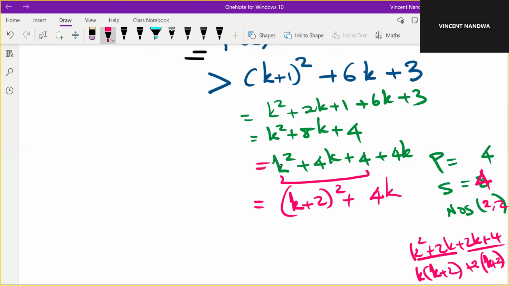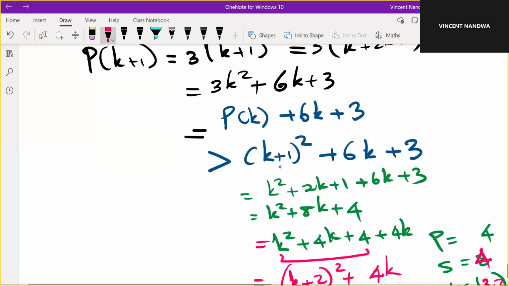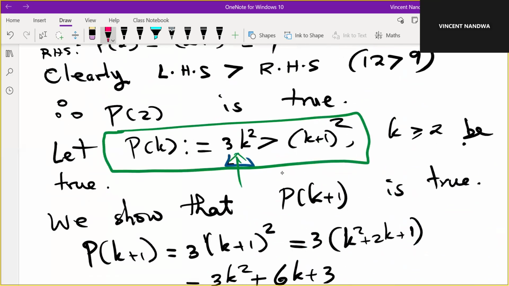And by the way, we are dealing with which type of k? K is which type of number? From the start, when you are making this assumption, k is always greater than or equal to 2, okay?